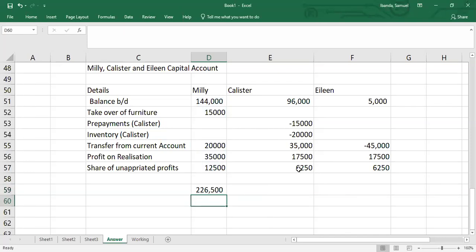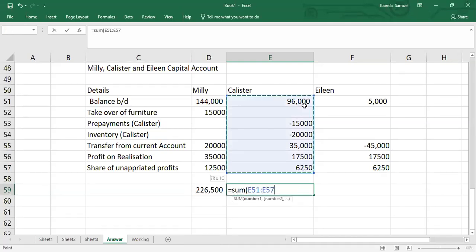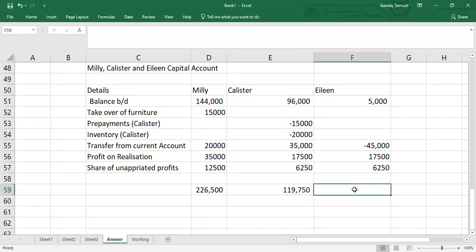So that is 25. That is 119. And then that is 16,250.